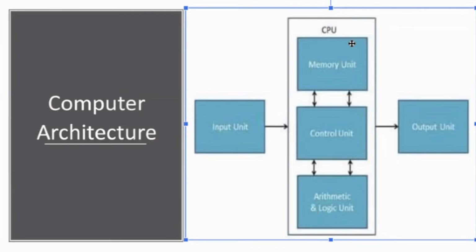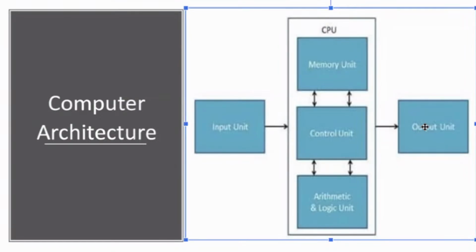Then we process our data inside the CPU, then we output it. What are the output devices? Output devices mean we get some data from those devices. Our main output device is a monitor.